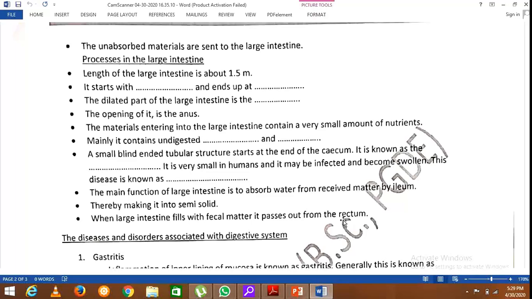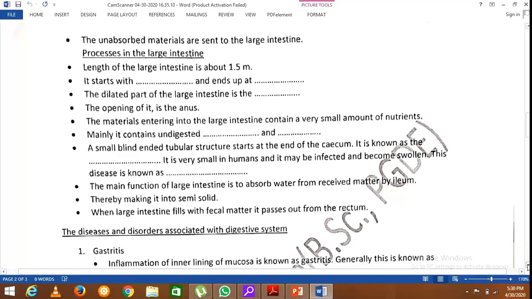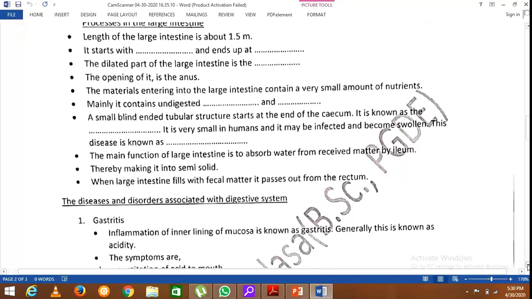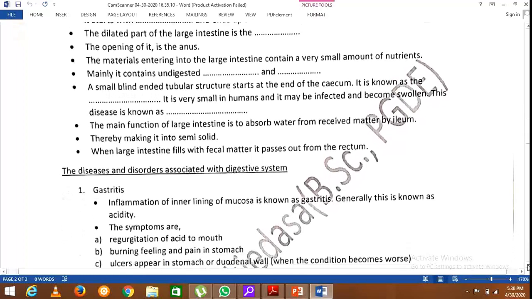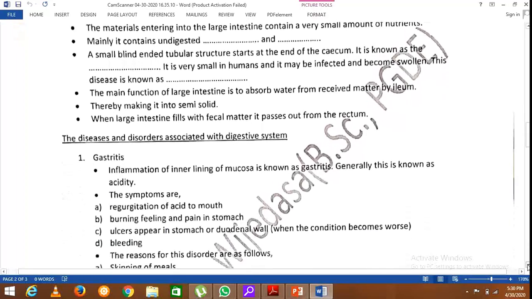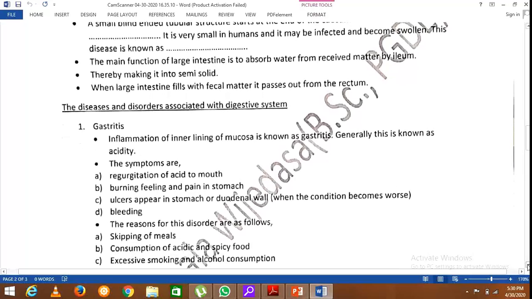Absorption of water took place inside the large intestine, and the undigested material as fecal matter is removed through the anus. That's the functioning of the digestive system. Then the diseases associated with the digestive system as the last part.